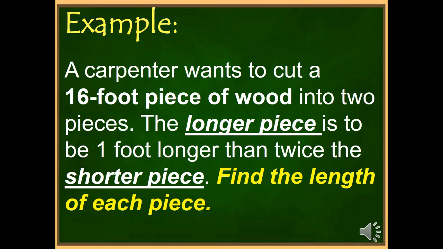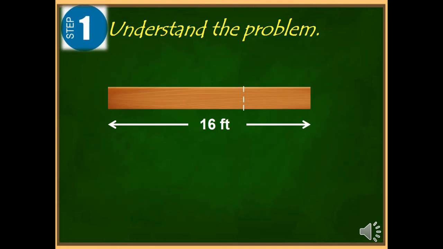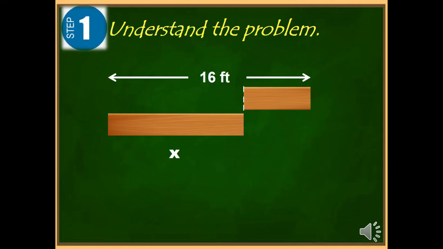In finding the solution, we have to follow the steps mentioned a little while ago, starting with step number 1. That is, understand the problem. Part of understanding the problem is to inspect carefully what is given. Based on the problem, the carpenter wants to cut a 16-foot piece of wood into two pieces.